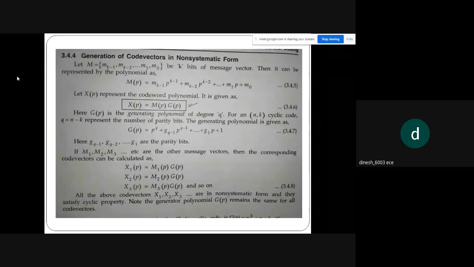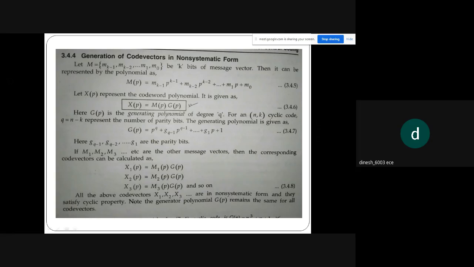So the polynomial is known as the generator polynomial. So the generator polynomial is your g of p.